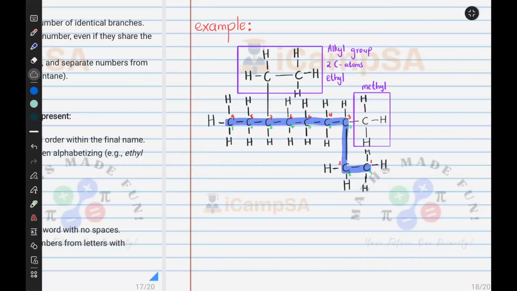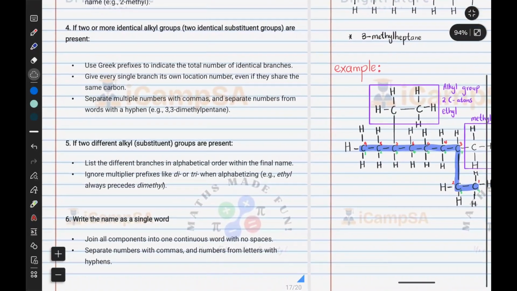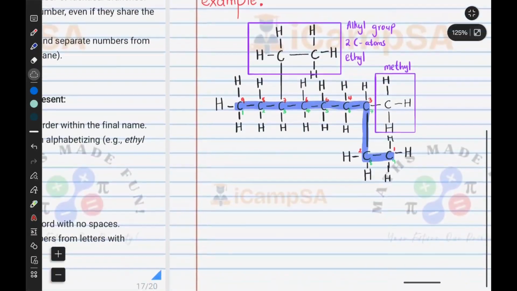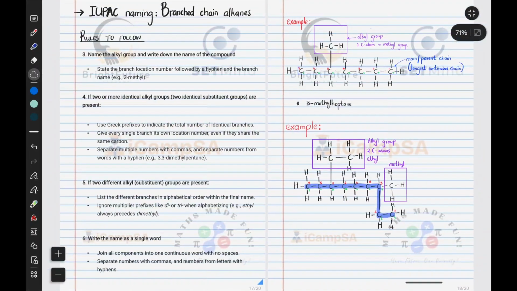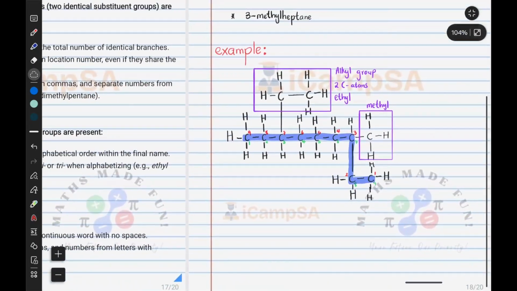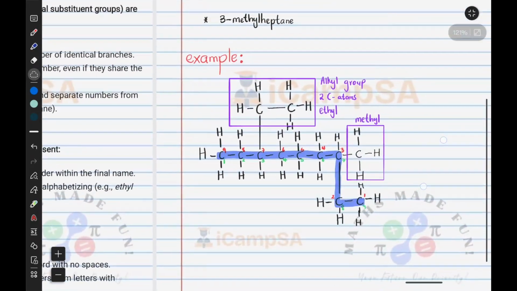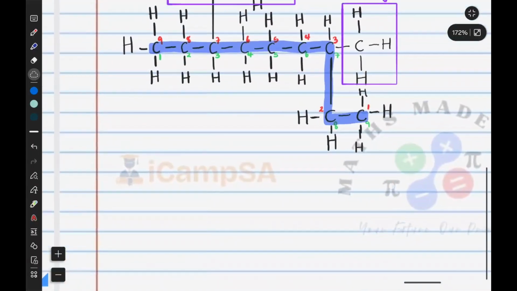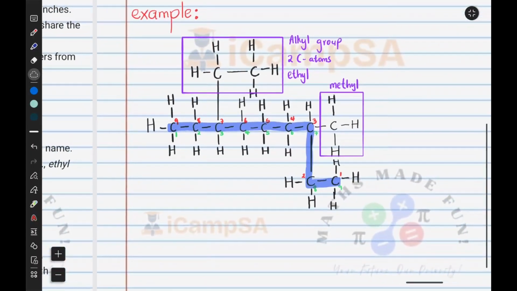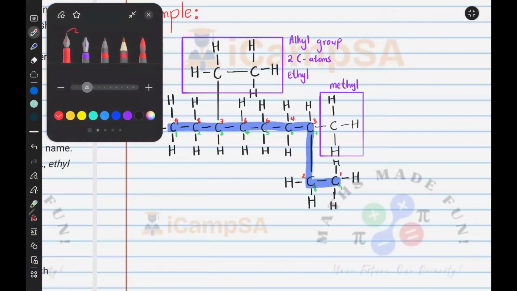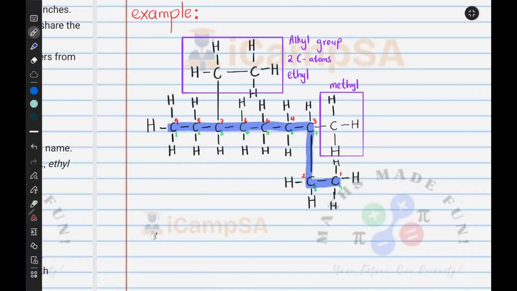So now what happens is here we will start numbering them as well. Using rule number 3, we'll name the alkyl groups. There's 3 of them. So this one, since it's number 3, we will have 3 ethyl, right? We haven't started combining anything yet.